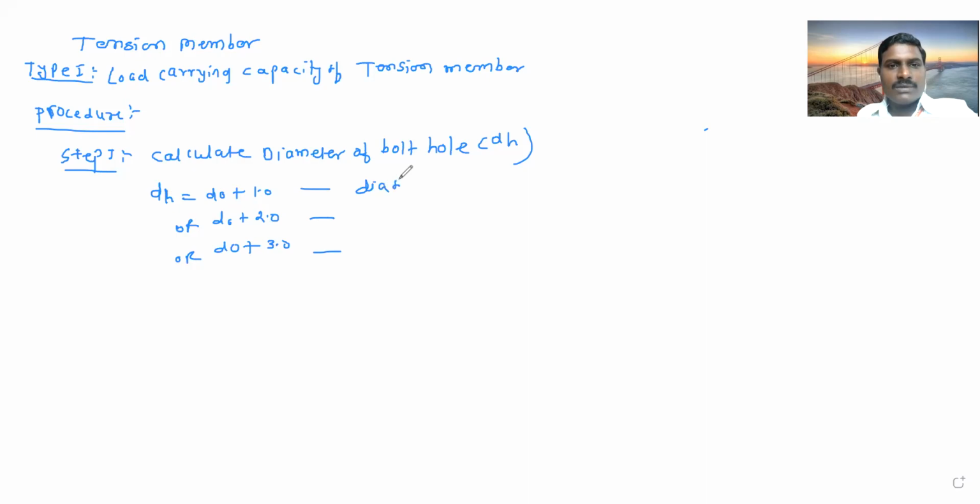For diameter of bolt D naught less than or equal to 14 mm, then D naught plus 1. For diameter of bolt from 16 mm to 24 mm, D naught plus 2. And for D naught above 24 mm, D naught plus 3. So in this way we can calculate.